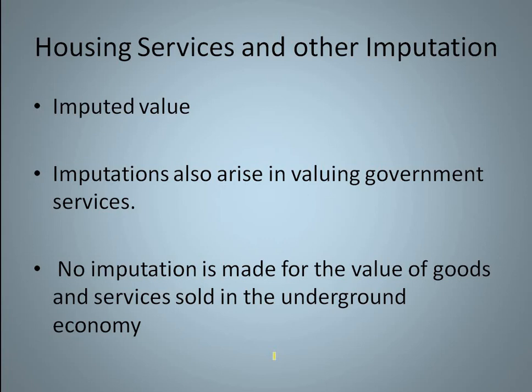The second one is that imputations also arise in valuing government services. For example, police officers, firefighters and senators provide services to the public. Assigning a value to these services is difficult because they are not sold in a marketplace and therefore do not have a market price.